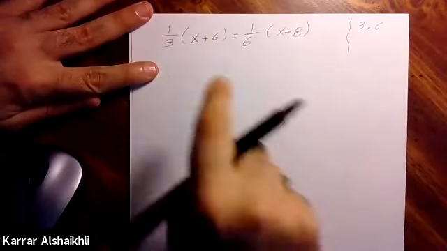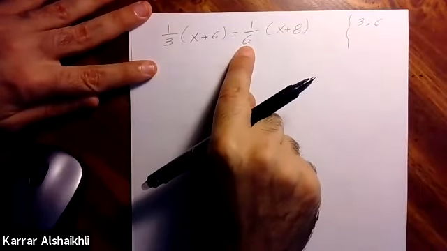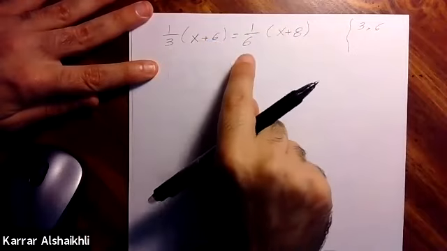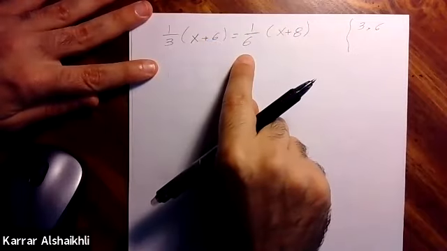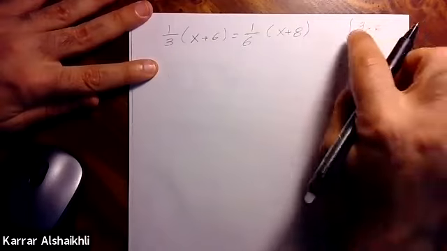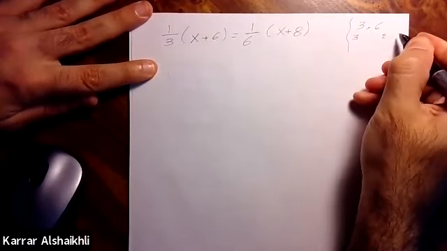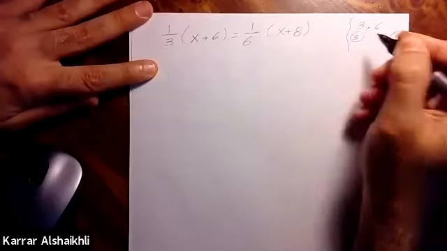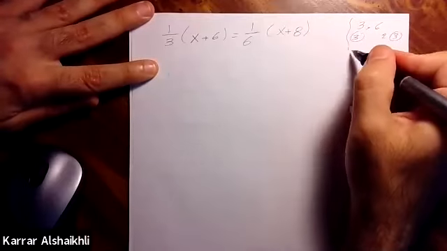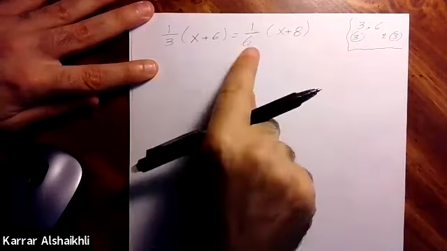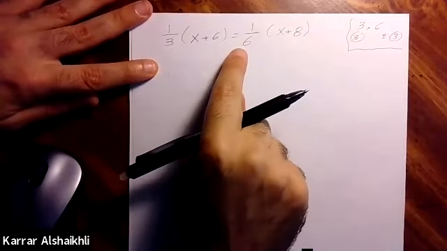Now with this example, there is a common factor between 3 and 6. The common is the 3, and the 6 is 2 times 3. That means I'm going to take the highest number, which is the 6.